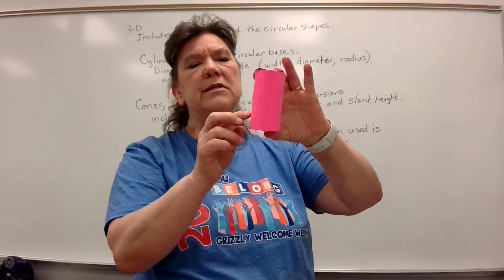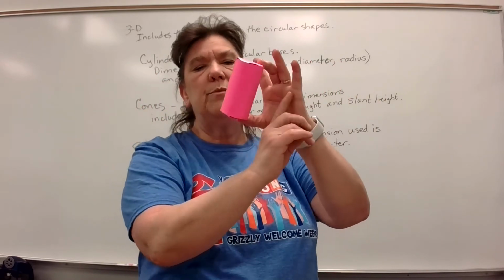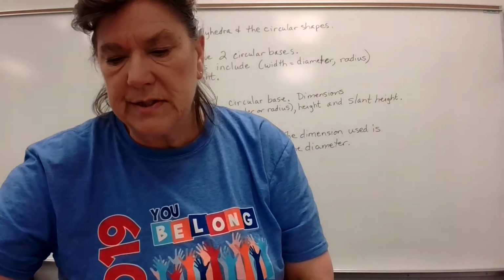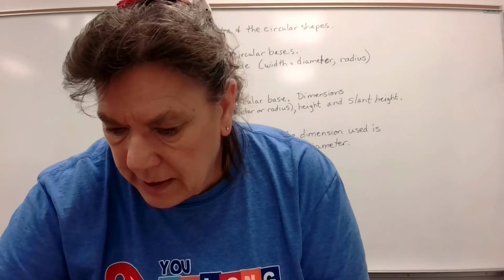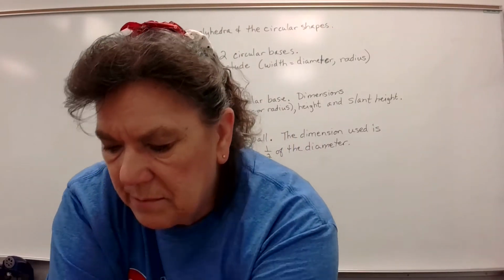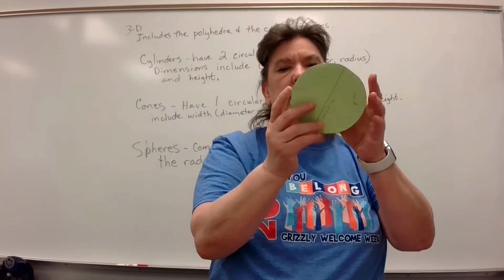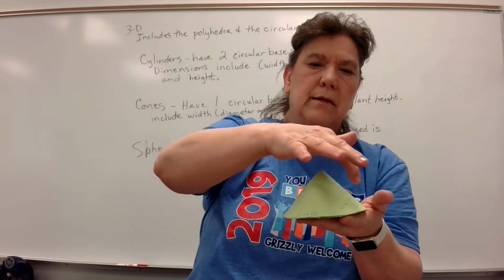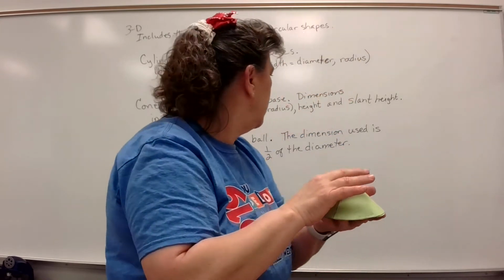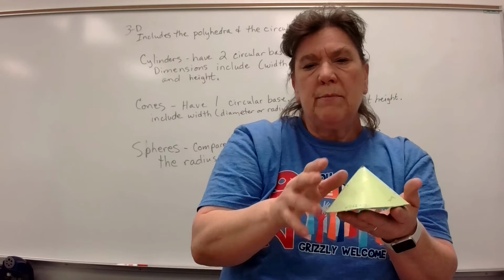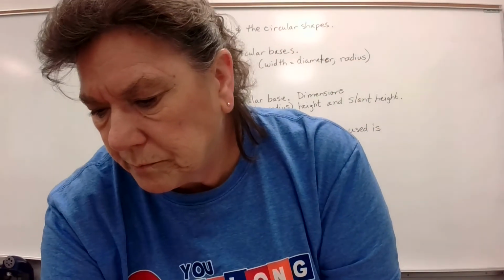If we cut this open and lay it out flat, it will become a rectangle. So you could see that on that. Okay, let's look at a cone. We have a lot of different ones. Let's hold up this one. Here's our cone. You see your one circular base, and then the slanted top. Okay? And we will talk about those things on that.